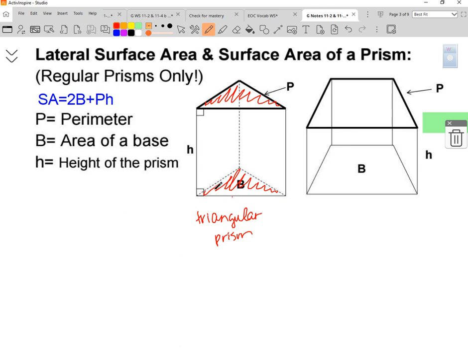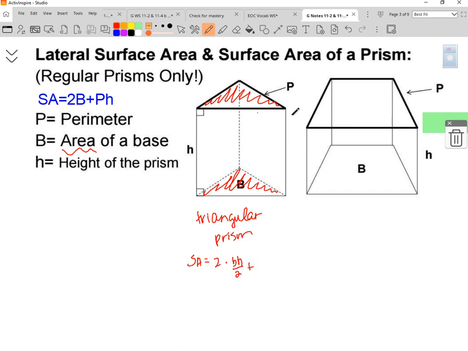So, surface area equals 2 times the area of the base. Well, the formula for the area of a triangle is base times height divided by 2, right? So that's 2 times that, plus the perimeter of the base times the height.